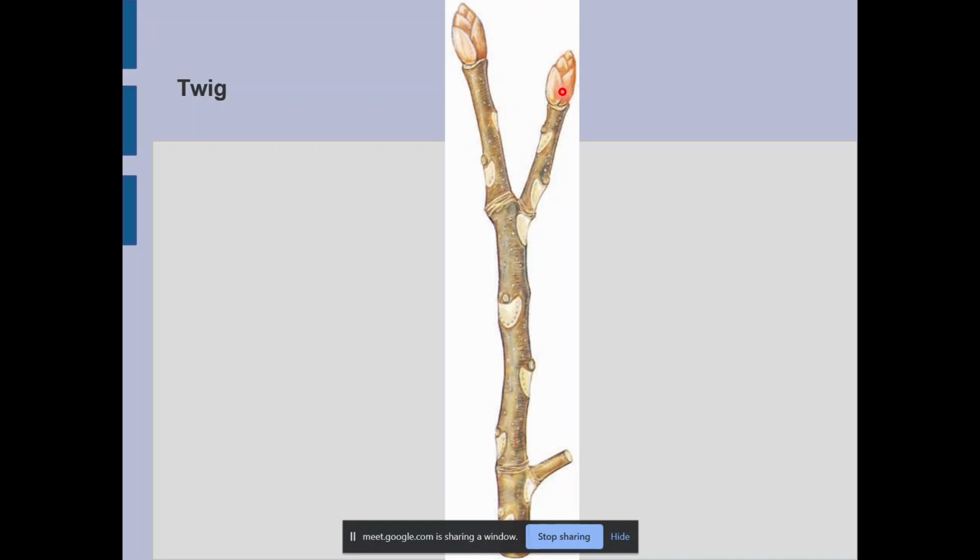The bud scales cover the bud and protect the bud when it's not growing, and when the bud starts to grow, the bud scales fall off, leaving the bud scars, also called bud scale scars.